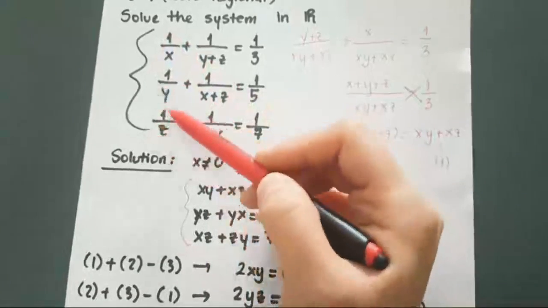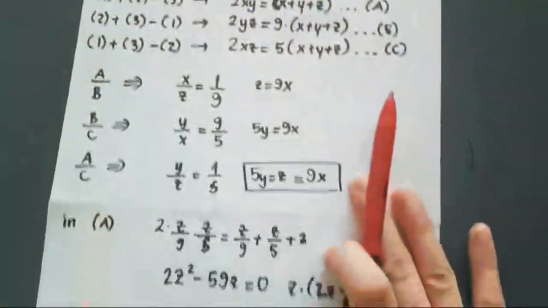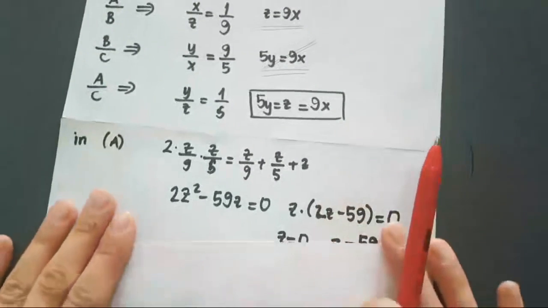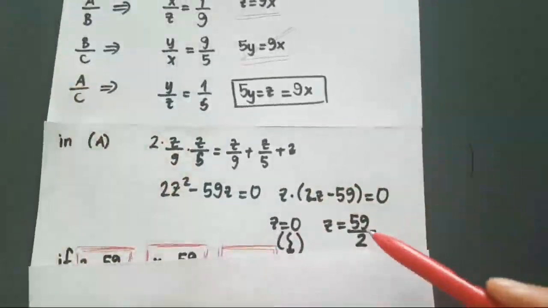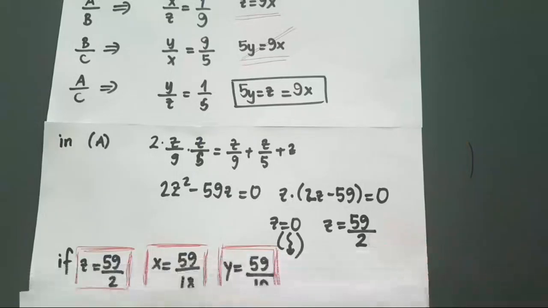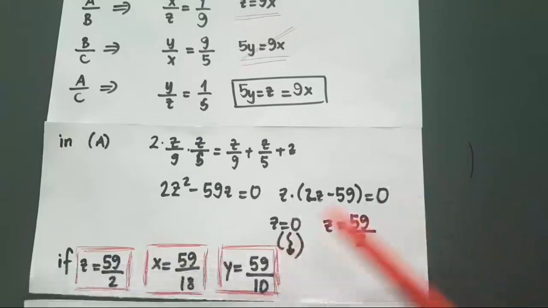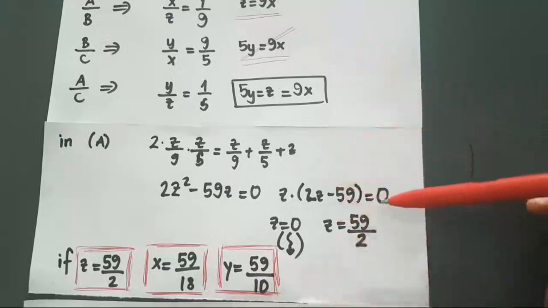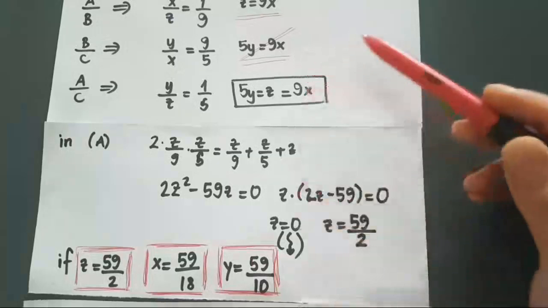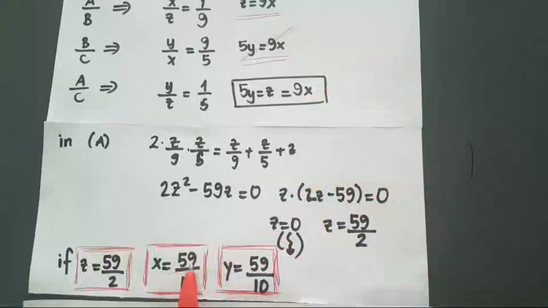Look, how can 1 over z be 0? z cannot be 0. So we eliminate the first root. z is equal to 59 over 2. We know how to write x and y in terms of z. So if you substitute z in the other equations, you will get that x is equal to 59 over 18 and y is equal to 59 over 10.